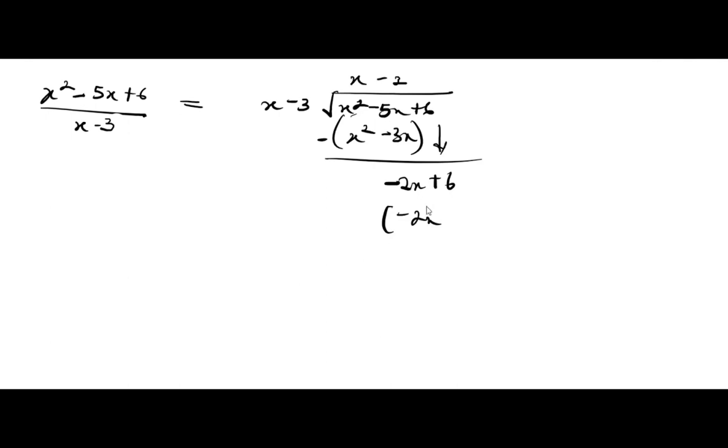Then you have minus 2 times minus 3, and you have your plus 6. So you have your minus sign outside. Then you subtract. So you have minus 2x minus minus 2x, you have 0, and you have 6 minus 6, so everything is 0. So whatever you have here is what will be left when x squared minus 5x plus 6 is divided by x minus 3.